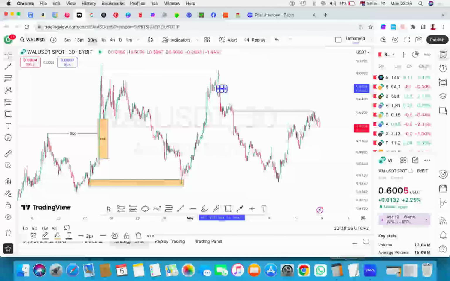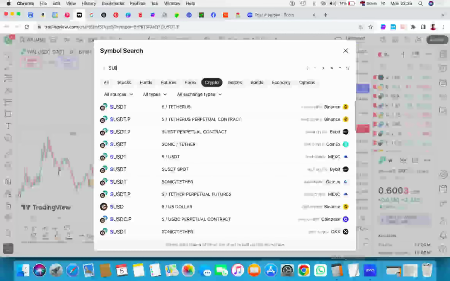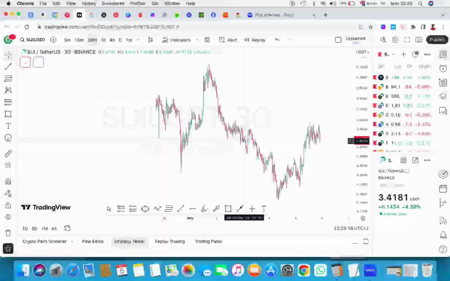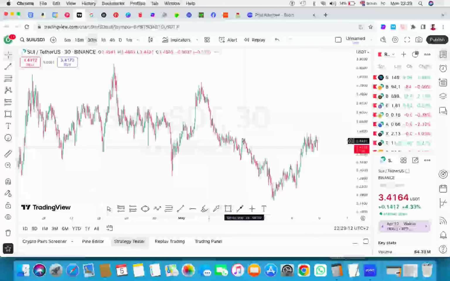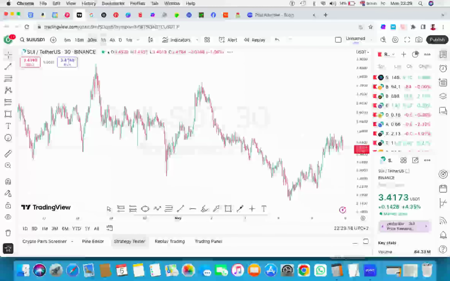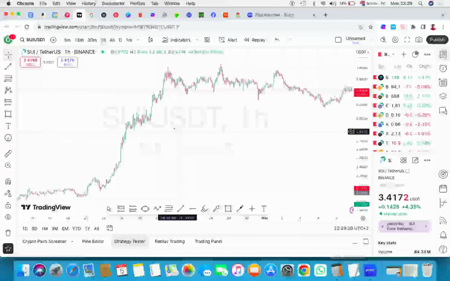So it's Sui USDT. On Sui, what do we have? Do we have an uptrend or a downtrend?